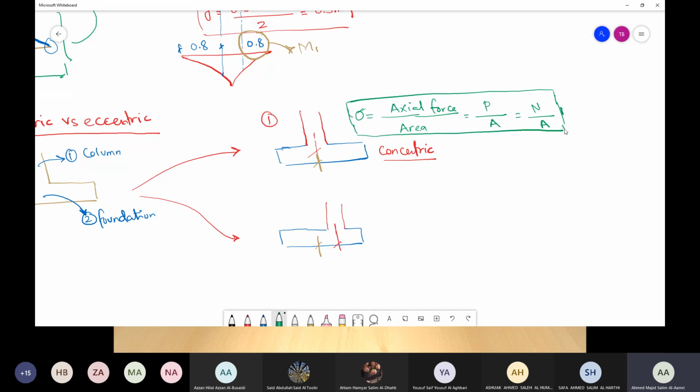Why have we said N over A? Because there is one loading coming from the top, which is called N or P.